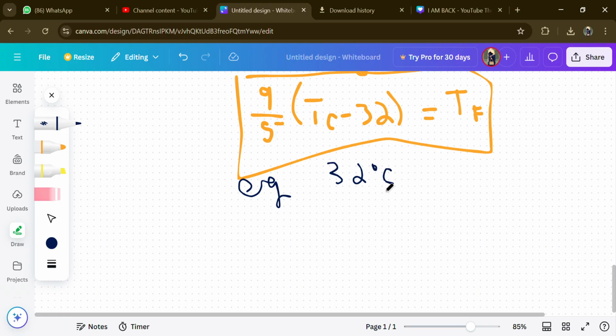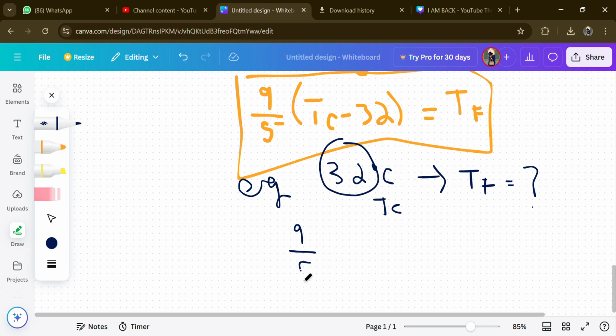centigrade or 32 degrees Celsius, what would be the temperature of that in Fahrenheit? We have to solve it. Now we'll put simply, this is the value of TC that we get. Simply write 9 upon 5 into 32 minus 32 equal to TF.